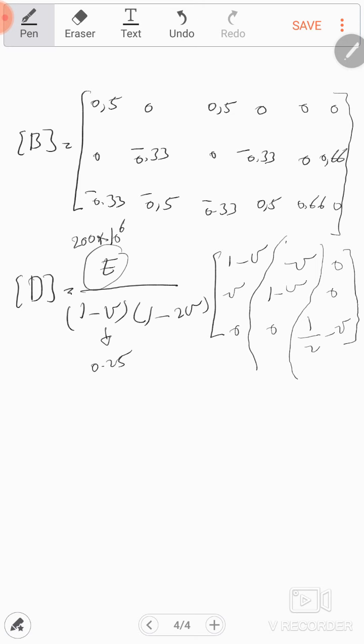Just substitute and you will find the D matrix.